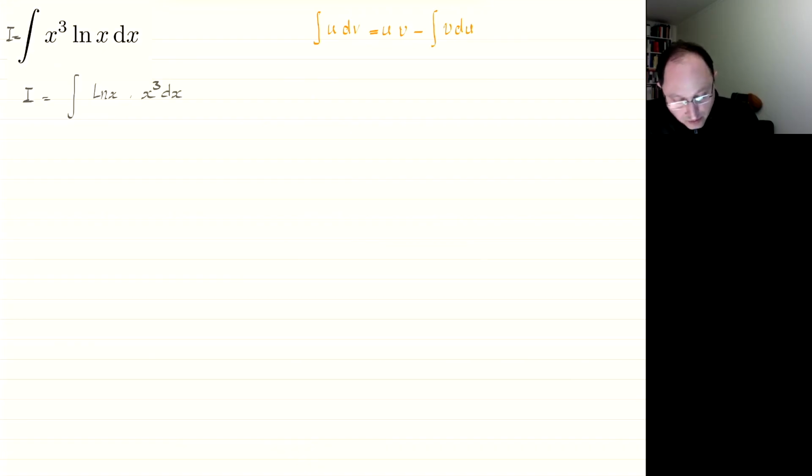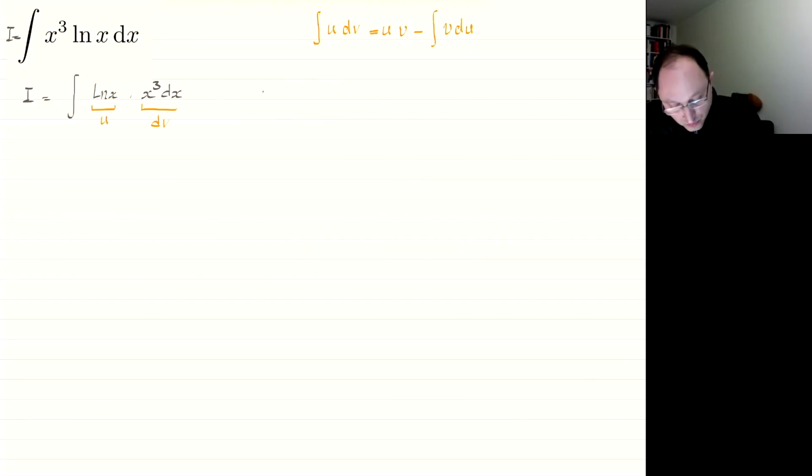Now look, if I take this one as u, what I need to do later is find du, which means that I differentiate, which is simple. And if I take this one as dv, in order to find v I need to integrate x cubed, which is a very simple task, at least simpler than the previous case. So this already shows that this choice is a better choice. Okay, so let us go forward.